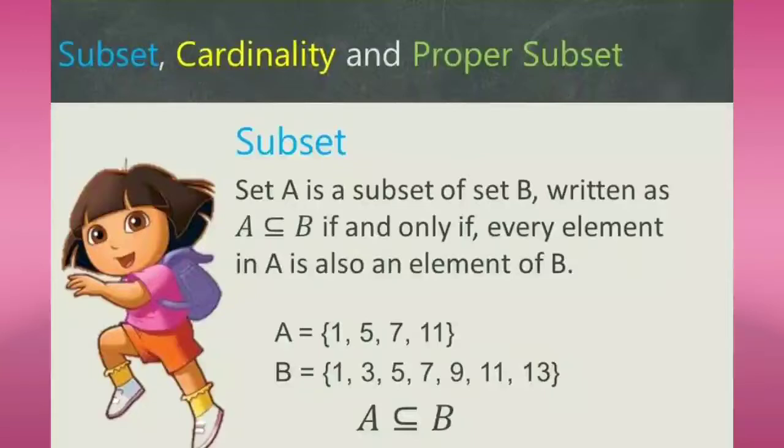Okay, so let's start first. Subset. What is a subset? For example, set A is a subset of set B. It can be written as A, then the symbol like a letter C with an underline, then B. So A is a subset of B if and only if every element in A is also an element of B. Did you understand?